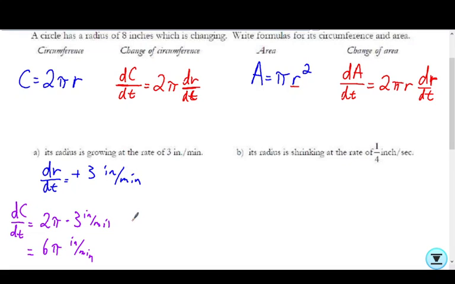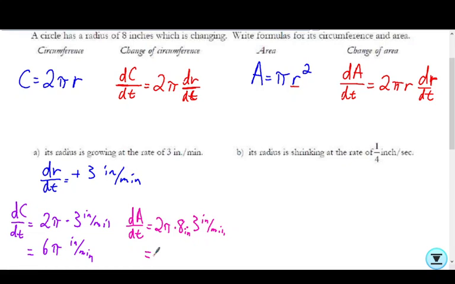Now, my change in area, so dA over dt, is going to be equal to 2 pi times the radius, which is 8, times the change in radius, which is 3 inches per minute, and this is 8 inches.